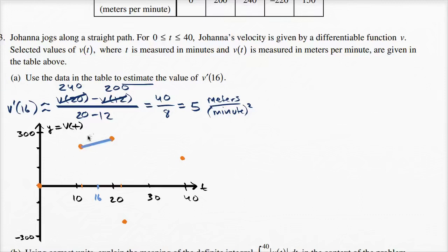So v prime of 16 is going to be approximately the slope of this line. That's going to be our best job, based on the data they've given us, of estimating the value of v prime of 16. We literally just did change in v, delta v, over change in t, delta t, to get the slope of this line, which is our best approximation for the derivative when t is equal to 16.